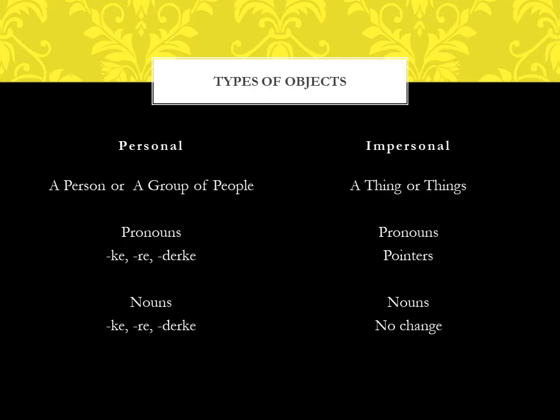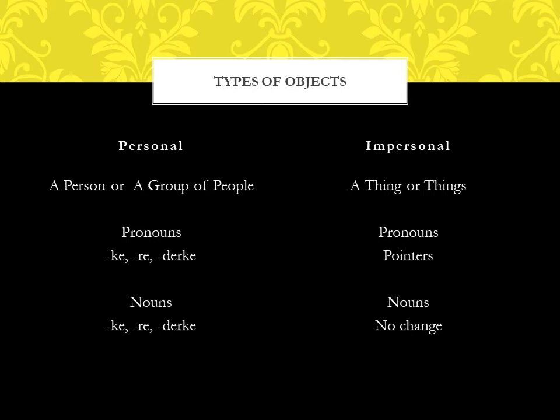In both pronouns and nouns in personal objects, the endings will be k, ray, and their k. So k and their k are the more common variants, and ray is a less common variant.